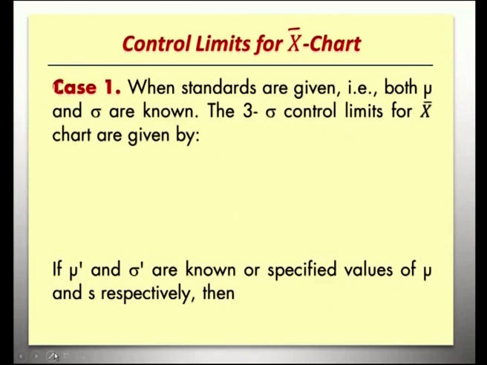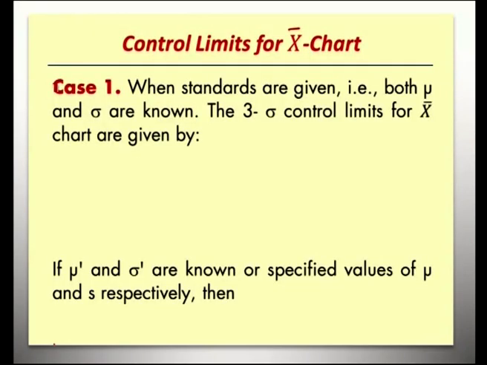Next, control limits for the x bar chart. There are two cases when you construct the control chart for x bar. Case 1, when the standard values are given. Standard values in the sense population mean and population standard deviation are given. Then there is another case where the population mean and population standard deviation are not given.